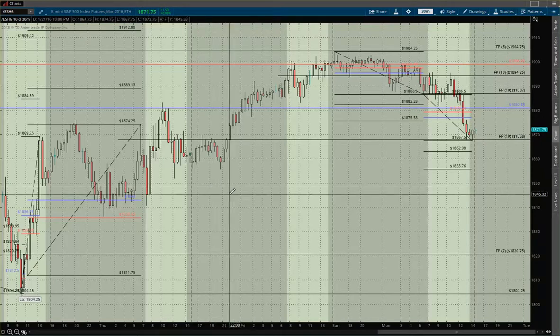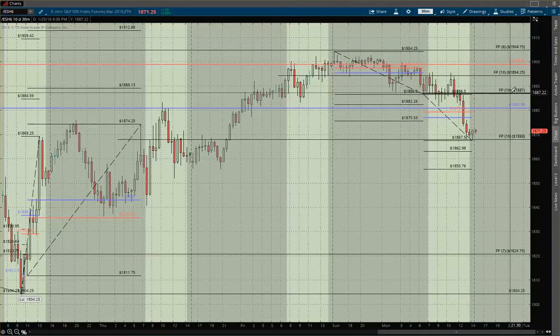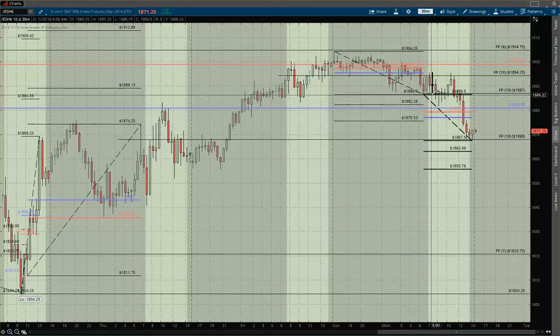So the first background we have is intraday distributions, and the fairest price is basically the point at which there are the most touches on a 30-minute chart for that day.